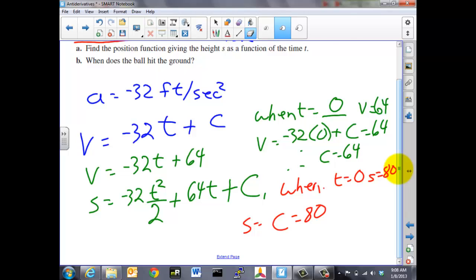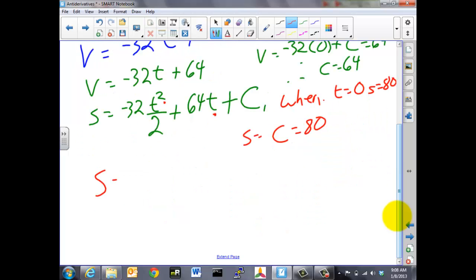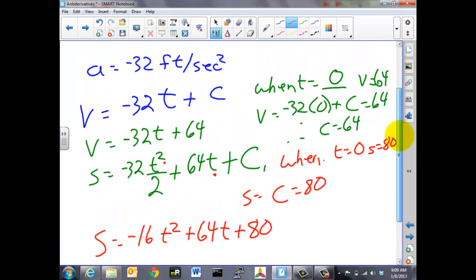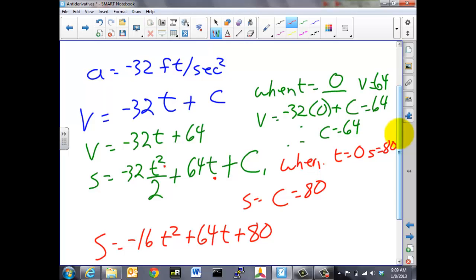I just plugged 0 in for this t and this t, and I got 80 out. So suddenly now I know the position then is negative 16 t squared plus 64 t plus 80. So I found my position function by integrating twice, by finding the antiderivative twice.